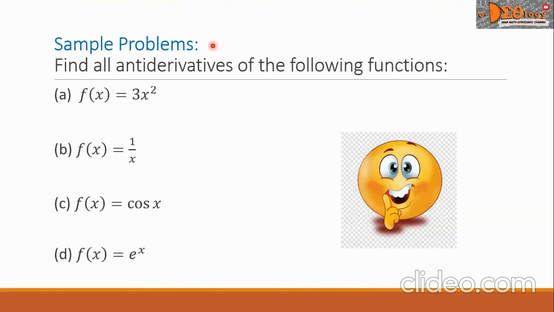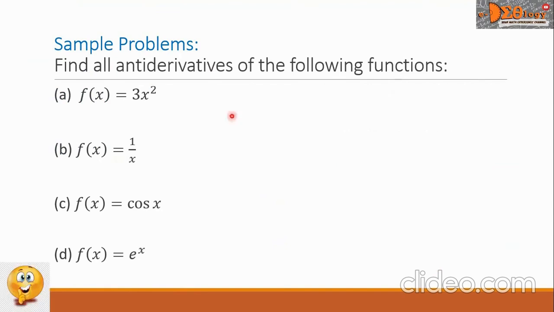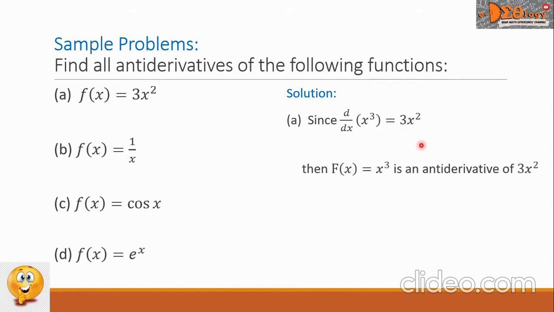Let us see more sample problems. Find all antiderivatives of the following functions. Our first function here is f of x equals 3x squared. For our solution, we know that the derivative of x cubed is equal to 3x squared.